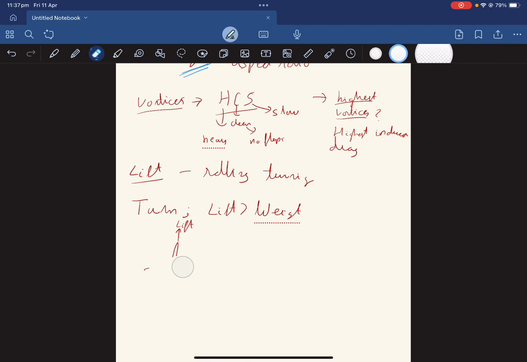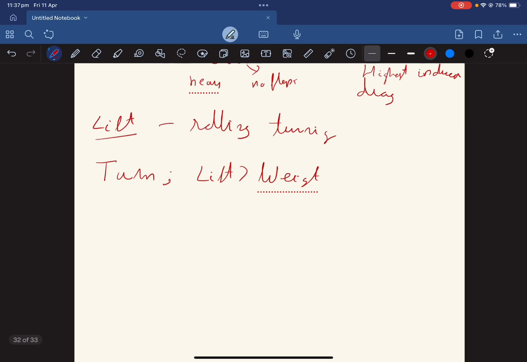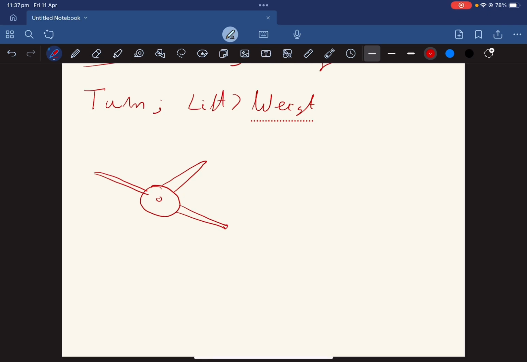Now let's say I'm rolling. Again, this is the back view. So the rudder is going to be like this, my wing is going to be like this. I hope it makes sense that I'm rolling. The weight of course is going to act vertically downward. But now my lift has divided itself into two vectors.